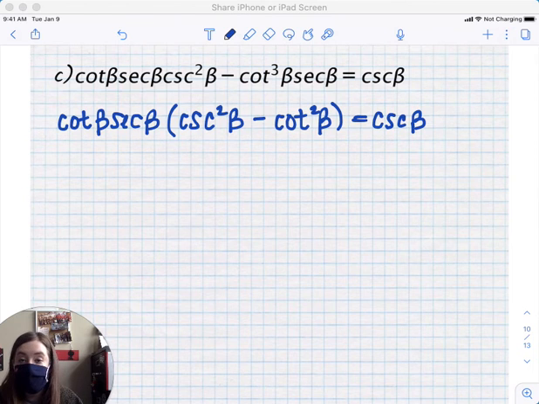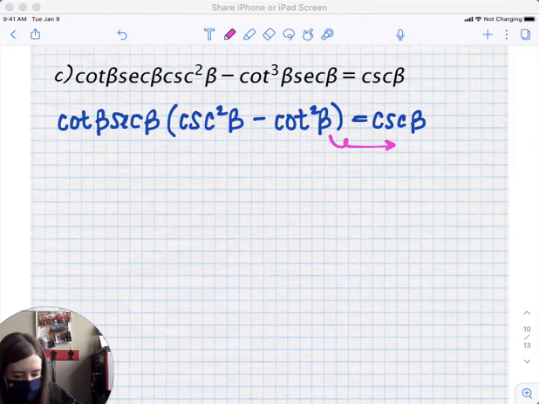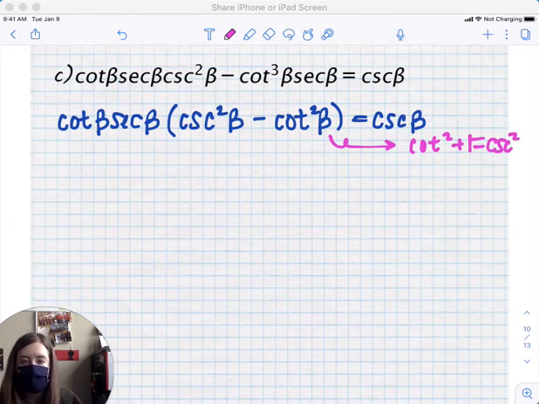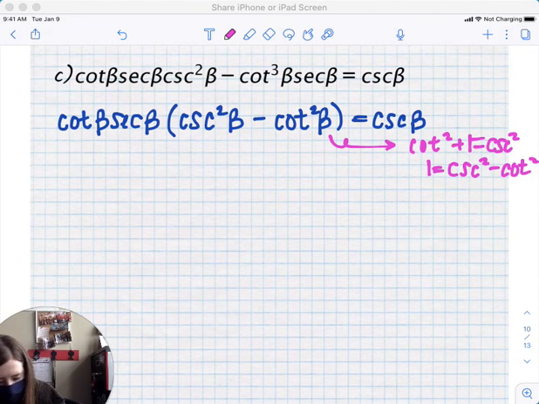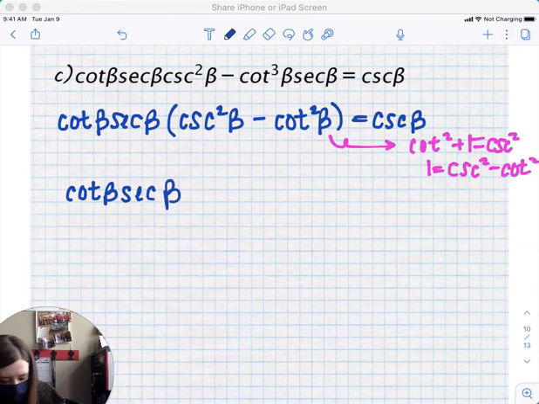So cosecant squared minus cotangent squared. The Pythagorean identity that has both of these in it is that cotangent squared plus 1 equals cosecant squared. So we can subtract cotangent squared from both sides. And we'll see that cosecant squared minus cotangent squared is equal to 1. We just found out this was 1.